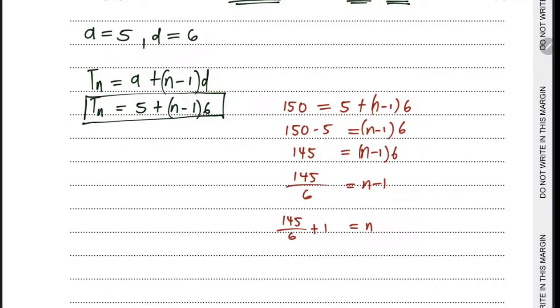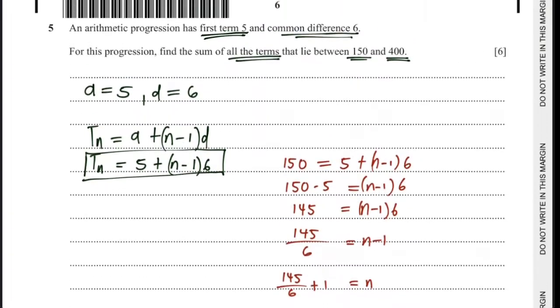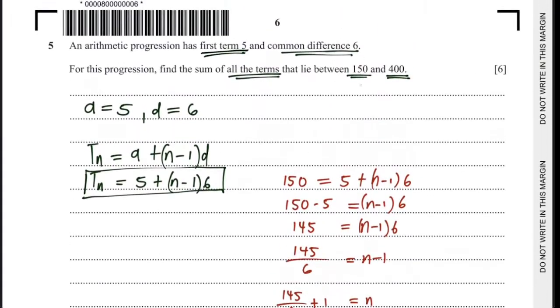What's 145 divided by 6? Do you get a whole number? You don't get a whole number. So that means 150 is not in this progression, right?